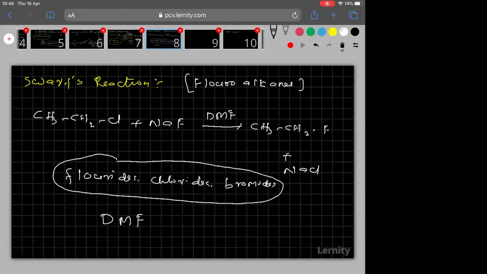That reason we are going to study in the chemical properties. And remember, here we got fluoroethane, nothing but fluoroalkane. As I mentioned already, this method is used to prepare fluoroalkanes only. So please copy it.